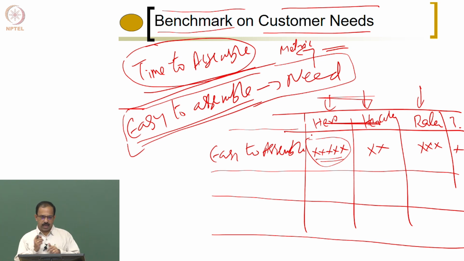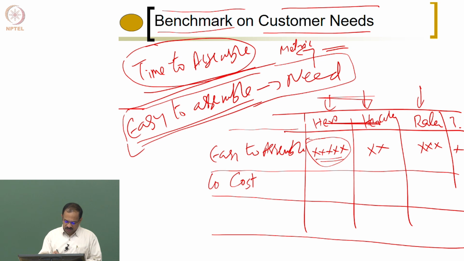So you look at the existing products and try to find out which one is satisfying the customer needs in a better way. So this represents the satisfaction of the customer with respect to a particular need. Similarly, cost. You can say low cost is a customer requirement, a customer need. Then you see which cycle actually satisfies this customer need.